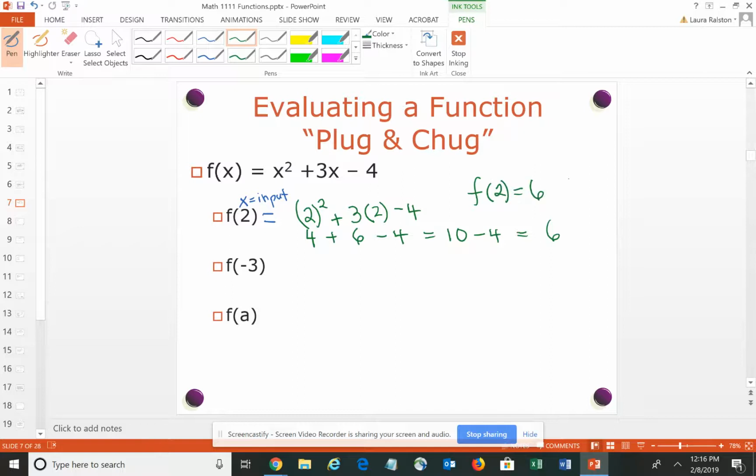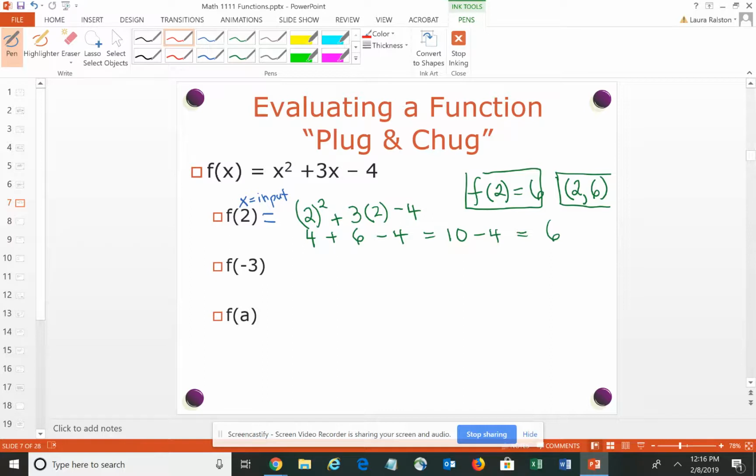If you wanted to write it as an ordered pair, you would have the ordered pair 2, 6, where 2 is your input and your output is 6. So there are lots of different ways to express the answer, whether as an ordered pair or just as an equation. All right, so then the next one, f at -3.